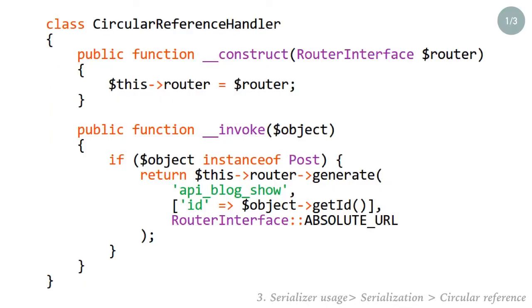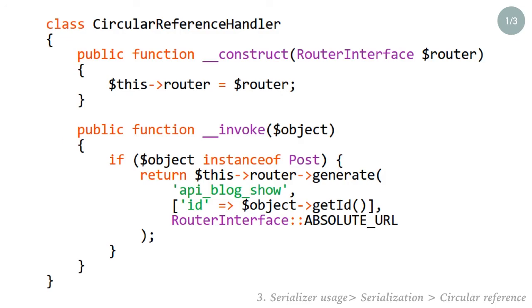So you would say, an exception, what can I do? There is a solution. You just have to create a new class called, let's say, CircularReference. It's completely arbitrary, it's really up to you. But in there, you just have to implement the method invoke. Basically, when you are going to serialize the post for the first time, it's going to serialize the right way.